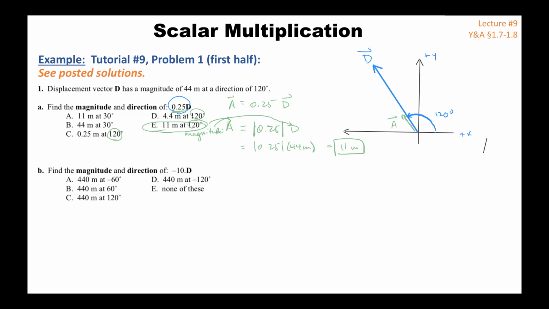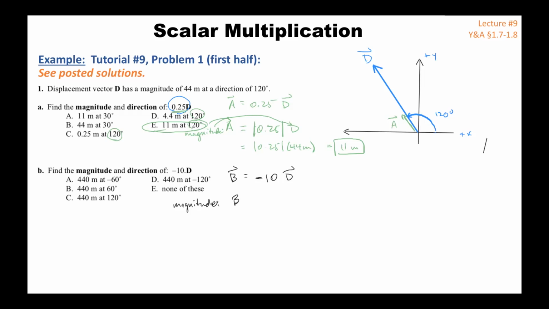What if instead we define a different vector here, and let's call this new vector B, and vector B is equal to negative 10 times the old vector D. So the old vector D still looks exactly the same. It's still over here just the way it was before. Well, first of all, let's calculate what the magnitude is.